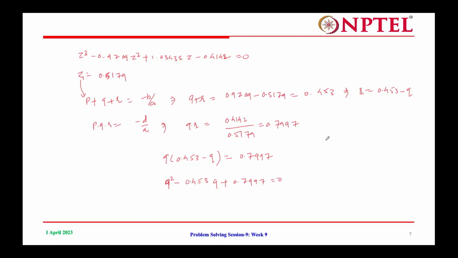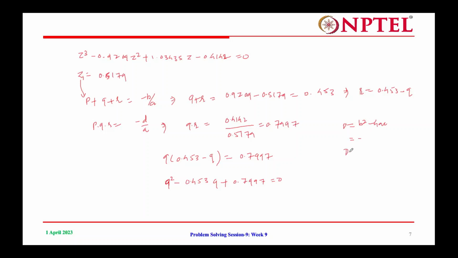To solve the quadratic equation, first we check the D value, that means b square minus 4ac. So 0.453 square minus 4 into 0.7997.